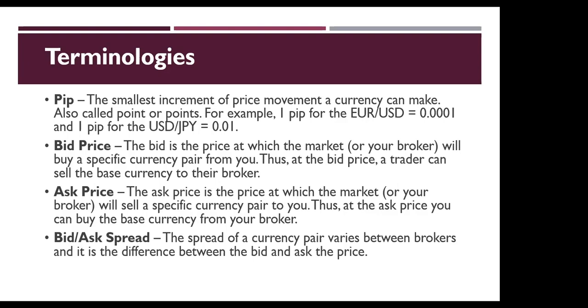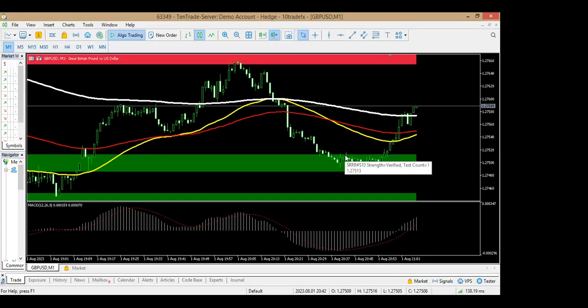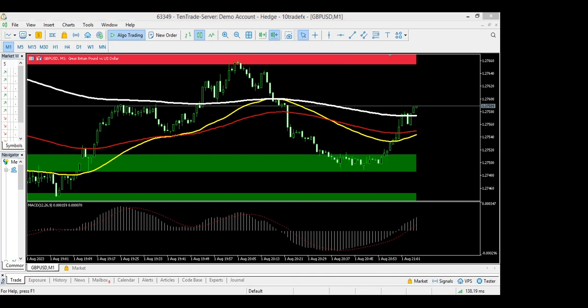Let me make this a little bit practical. What you're seeing on my screen is a terminal that shows a particular currency pair. See where my cursor is moving; that is where you see the price points.